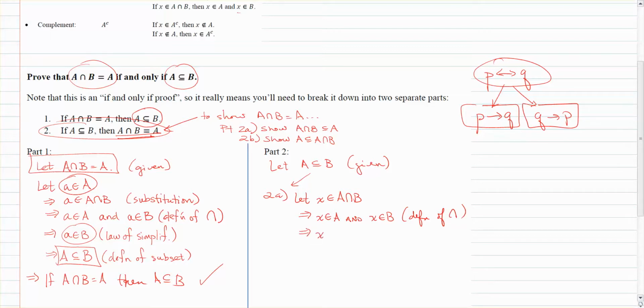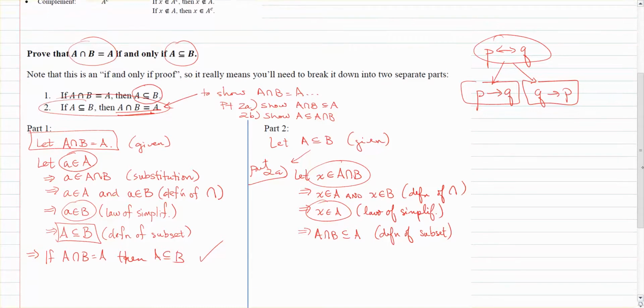Well, that means that X has to be in A because that's the law of simplification. So if X is in this, then X has to be in that. That means A intersect B has to be a subset of A. That's the definition of subset. All right, so that's part 2A.